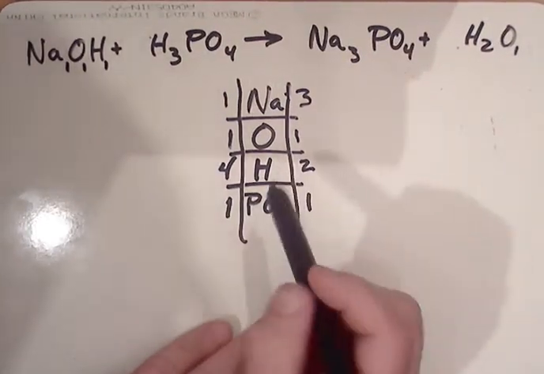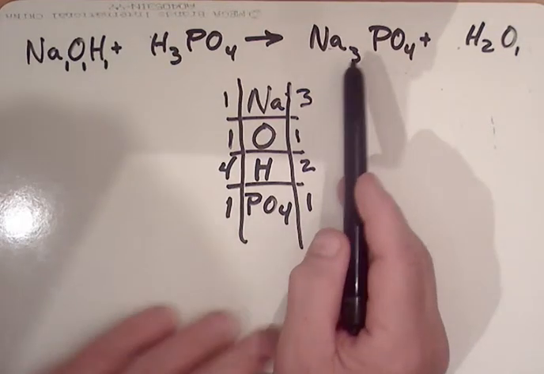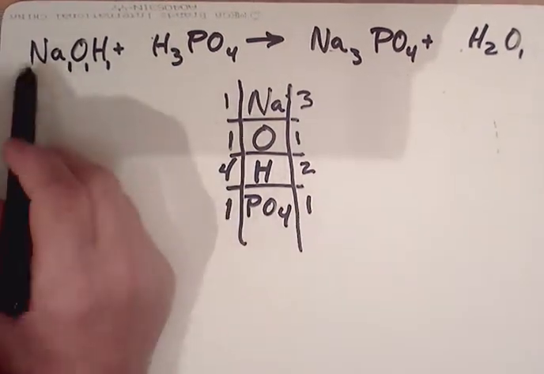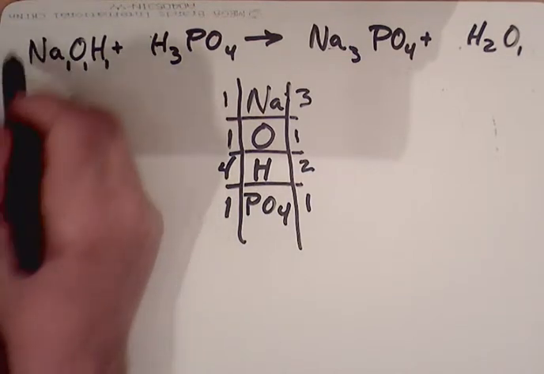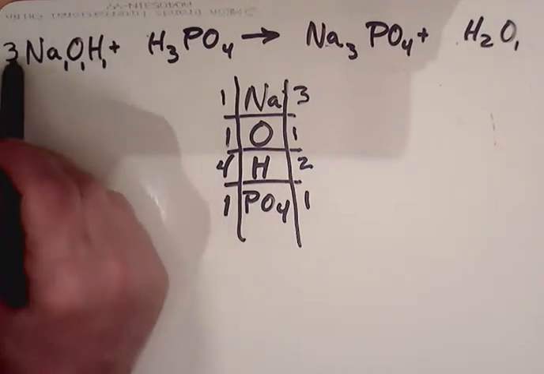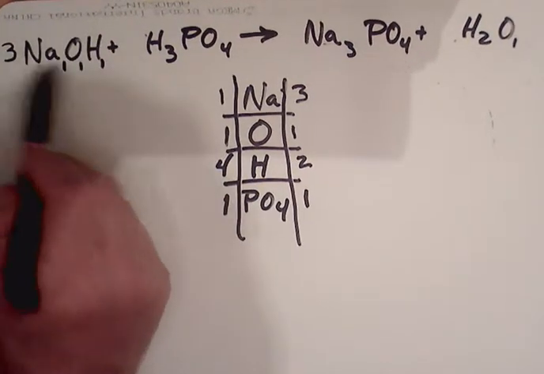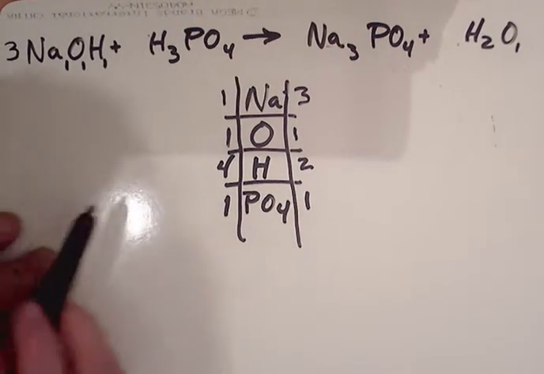So, we want to basically try to balance this. We have three sodiums on the product side, and we need three sodiums here. So we can't change any subscript, but we can change coefficients. Coefficients go in front, and the 3 is multiplied over all of these elements, not just the first one.